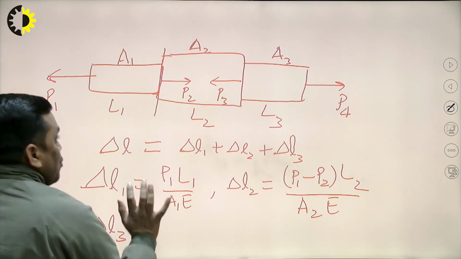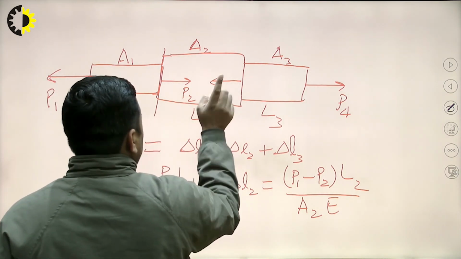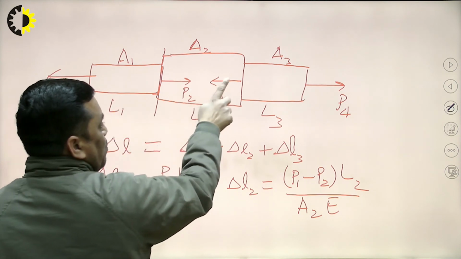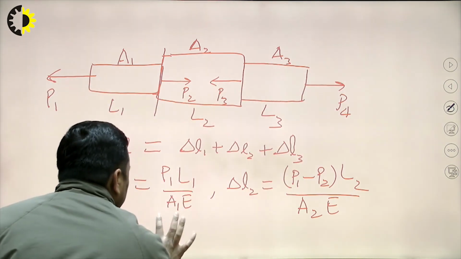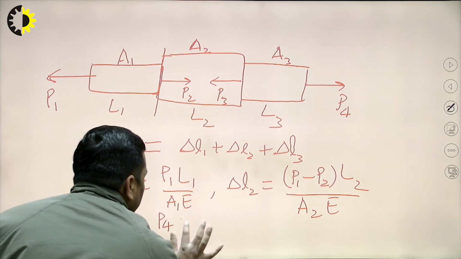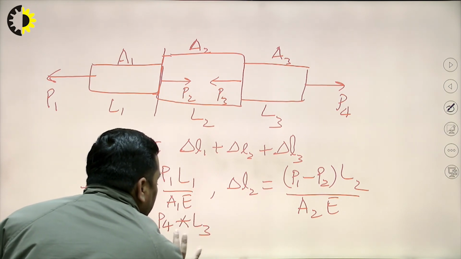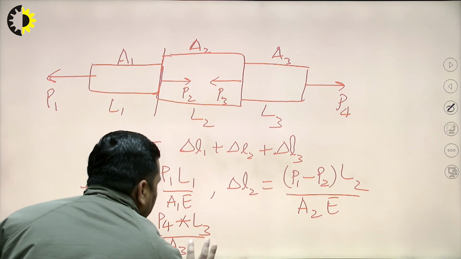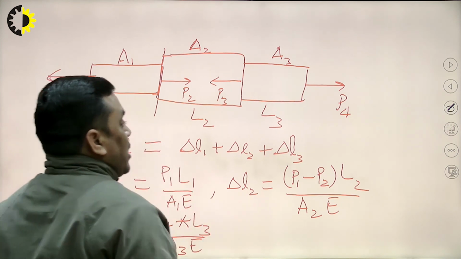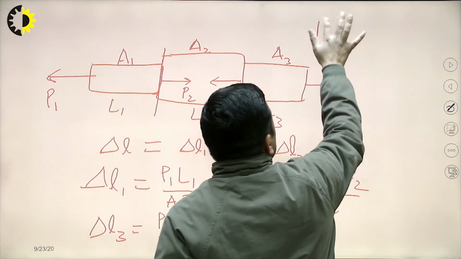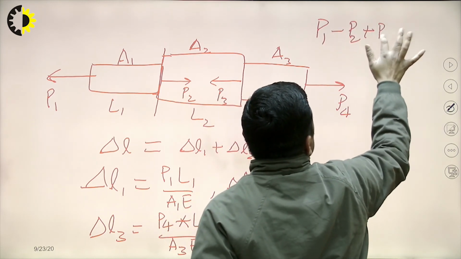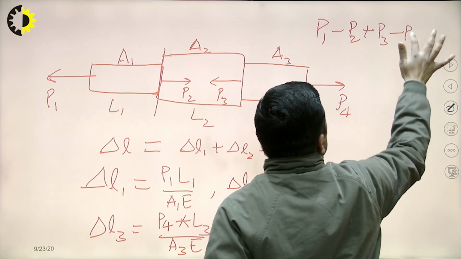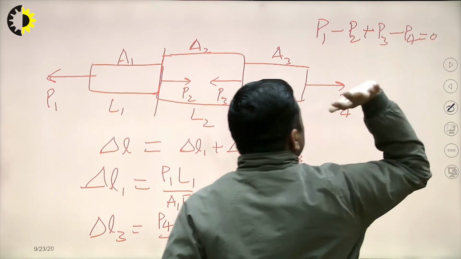Either I can write the equation as P1 minus P2 plus P3, or I can take P4. So, P4 into L3 upon A3 E. Another important condition here is that P1 minus P2 plus P3 minus P4 must be equal to 0.